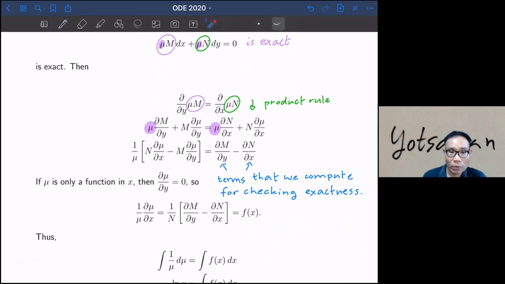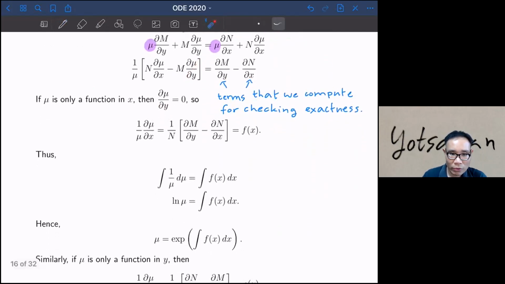If we assume further a little bit that your mu turns out to be a function in x only, if we assume mu is only a function in x, you're gonna get dmu/dy equal to 0, because you have no y, because I'm gonna show you in the example. And you're gonna be able to compute this equation.